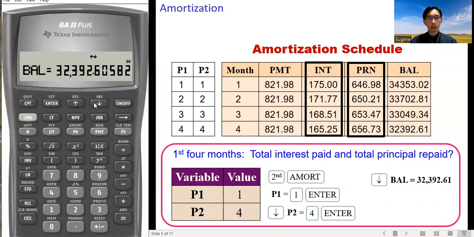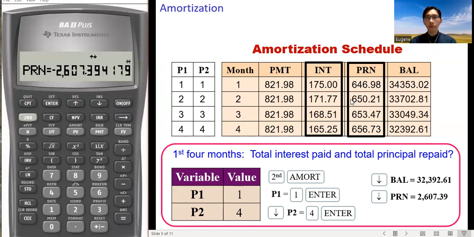And then we get the balance. This is the outstanding balance after payment number 4. How about the total? Press the down arrow to get PRN. This value is the total principal repaid between payment number 1 and payment number 4, $2,607.39.